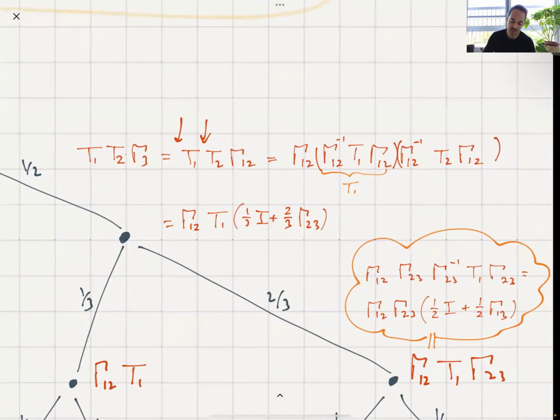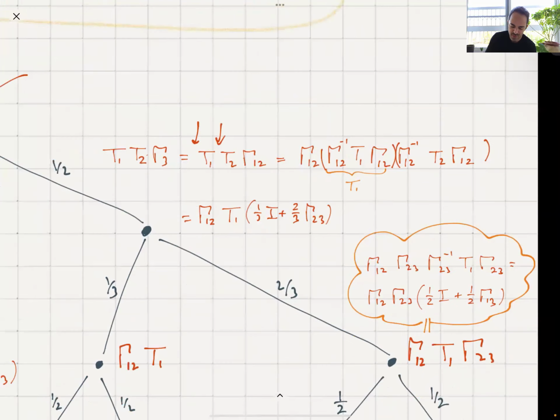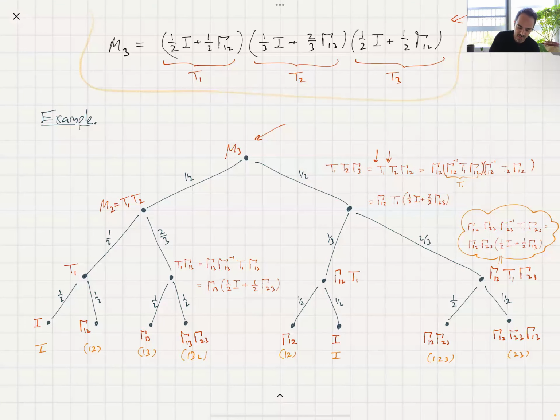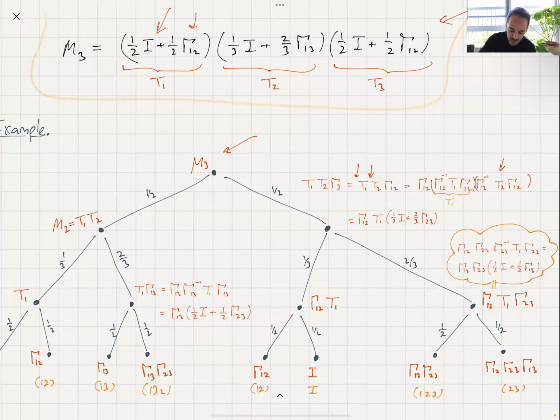Locally, it's nice to write it this way, but when you want to have a full picture, let's do it explicitly. Anyhow, T1 conjugated with gamma 1 2 is just T1, because T1 is just gamma 1 2 and I. So when you conjugate it, it stays the same. And T2 conjugated with gamma 1 2: this is T2, and you switch 1 and 2, and here you have a 1 and 3 inside T2, so you get a 2 and a 3.